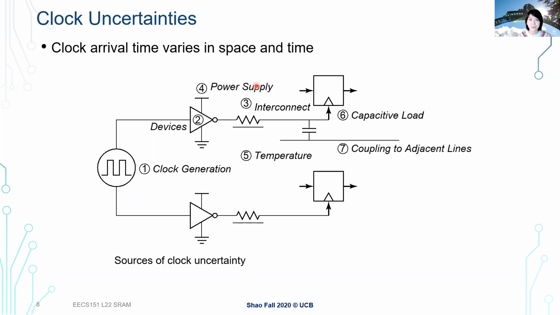That's a very tricky problem, because they all have different wires and they are all physically placed at different places. And all of that could also lead to a variation in when each register receives your clock signal. So that's the interconnect part.